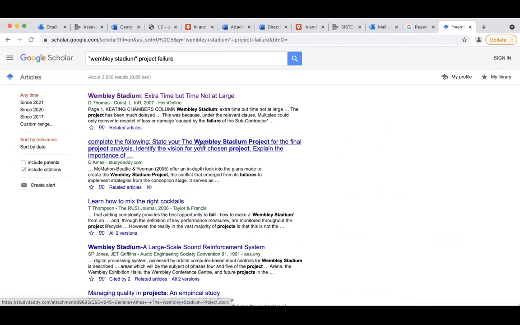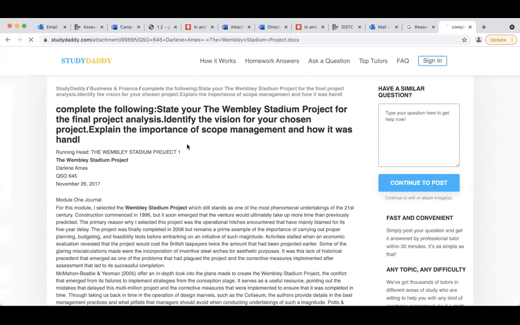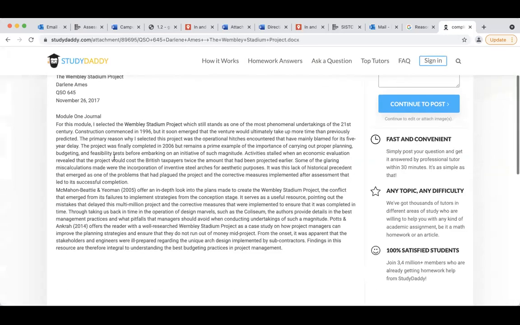Okay. When did they start building it? 2001? 2002, October 2002. Okay, so I'm just trying to see. Okay, the conflict that emerged from its failure to implement strategies from the conception stage. So they were conflicting on what they were trying to do.